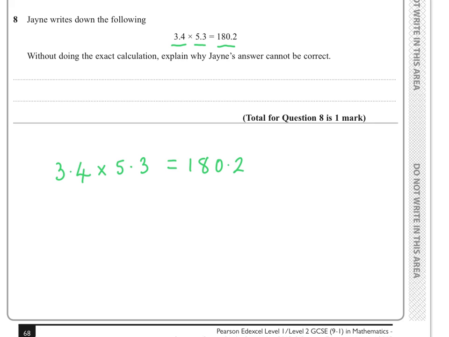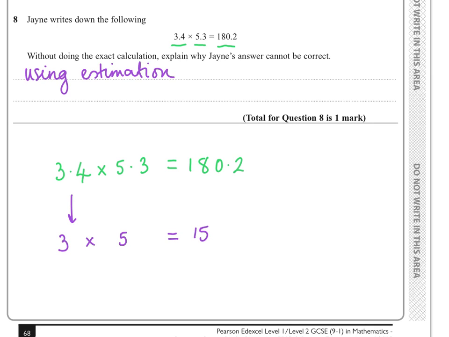I think a nice way of answering this question is saying something like, using estimation, we could say that's roughly 3 times 5. We would expect something around 15.